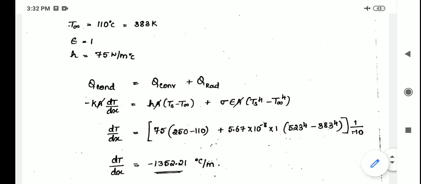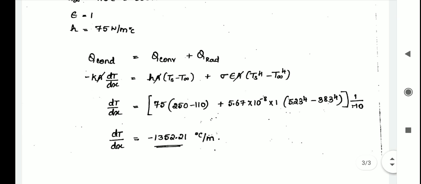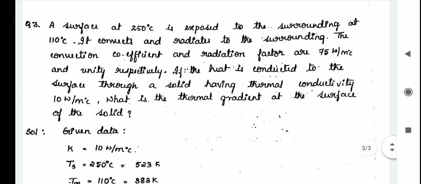So dT by dx becomes minus 1352.21 degrees Celsius per meter. This is about the conduction problem. Thank you.